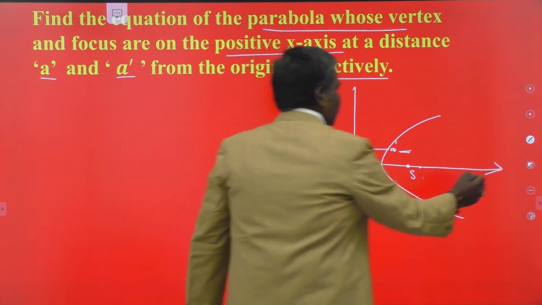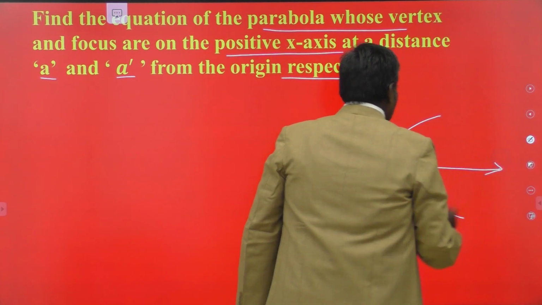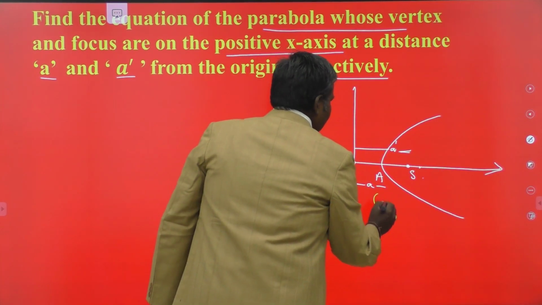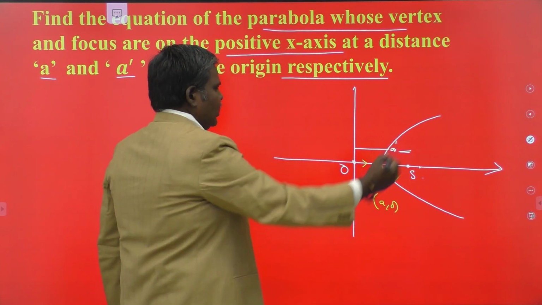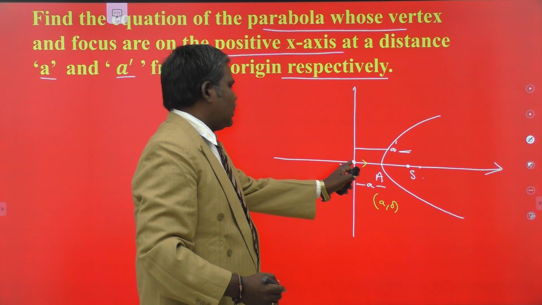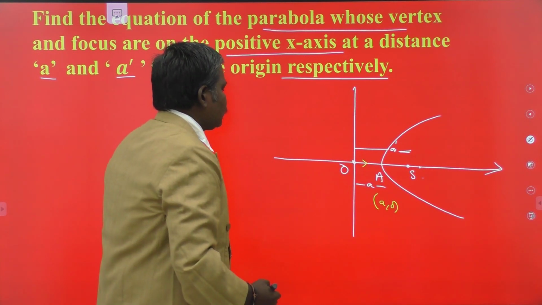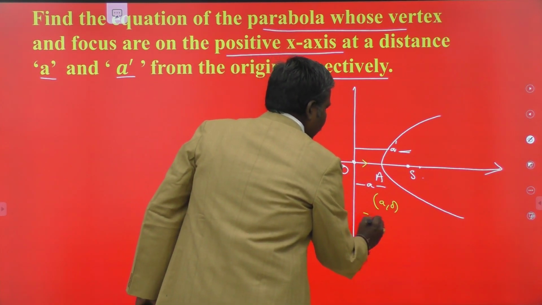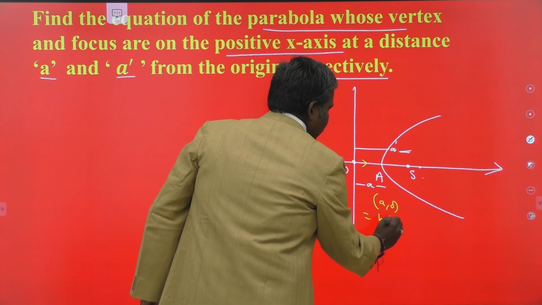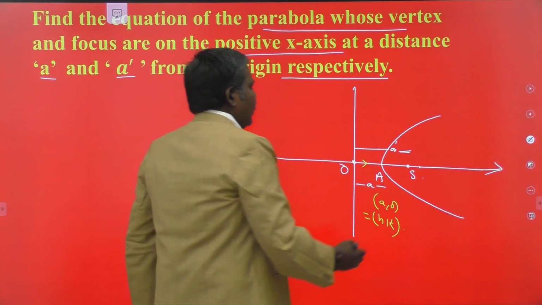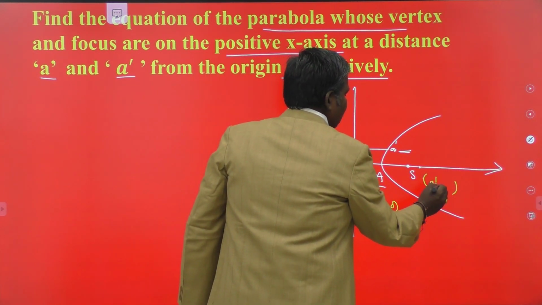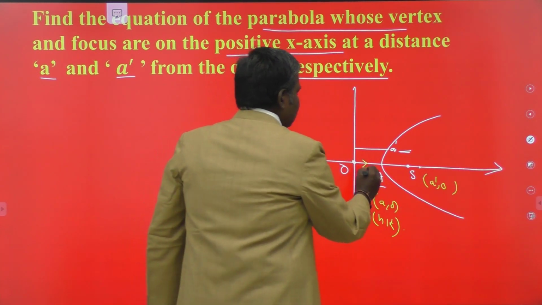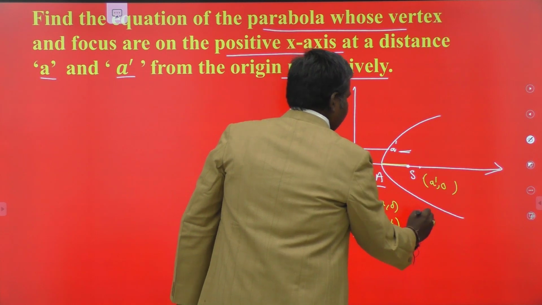Okay. Now tell me, what are the coordinates of A? The coordinates of A are a comma 0 because it is moving on the positive x-axis. The distance from origin to A is a units, so a comma 0. This is your vertex h comma k. Can you write the coordinates of focus? This is nothing but a dash comma 0. What is AS?